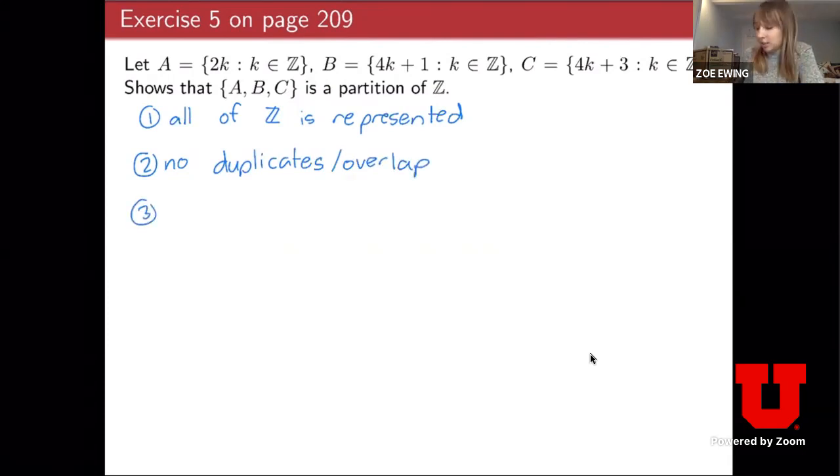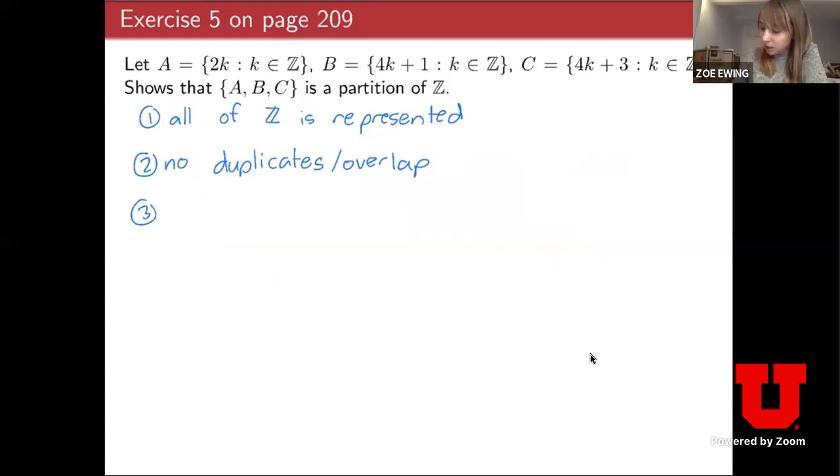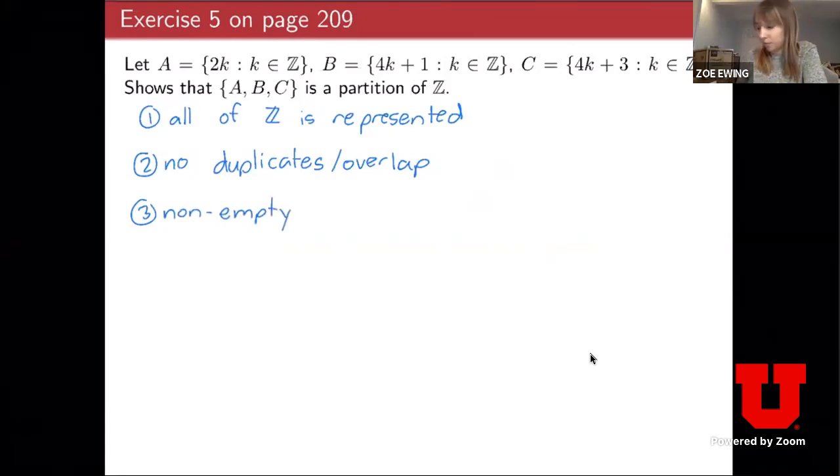All right, what's the last thing? This one's easy to forget because it seems kind of obvious. I think that there has to be more than one set. Mhm. So they have to be non-empty. So they have to have at least one element in them.